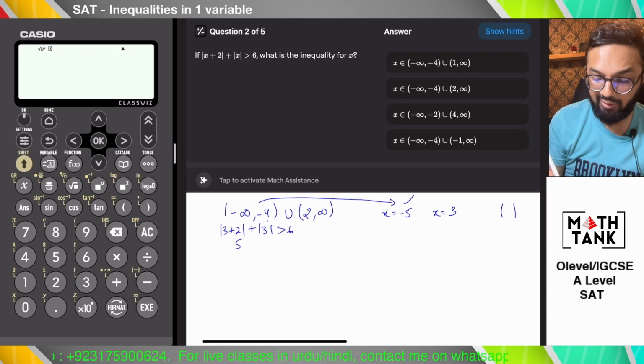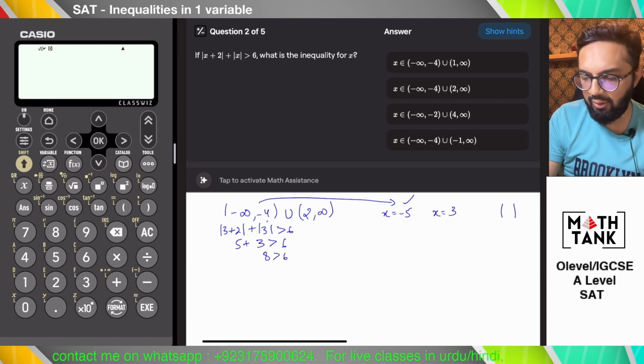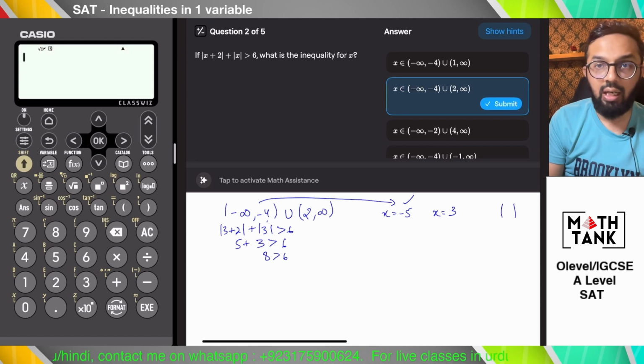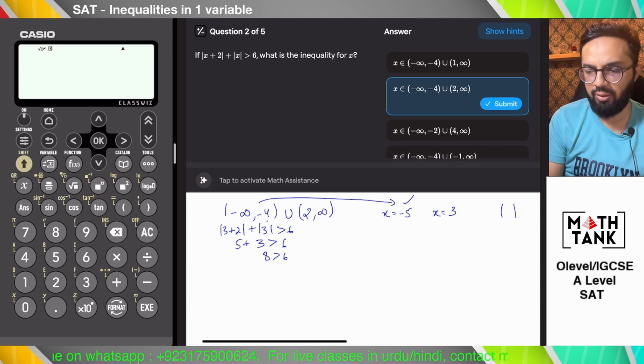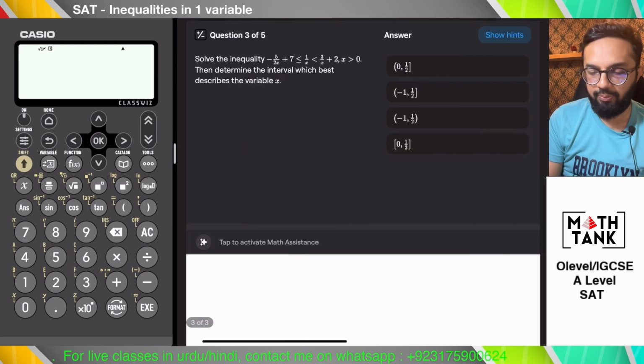Yes, that sounds like the right answer option. 8 is greater than 6. So these values are sort of balancing. I think that's working out. So I'm going to say that that is the correct answer option. I've done trial and error. There's no shorter way to do this question.